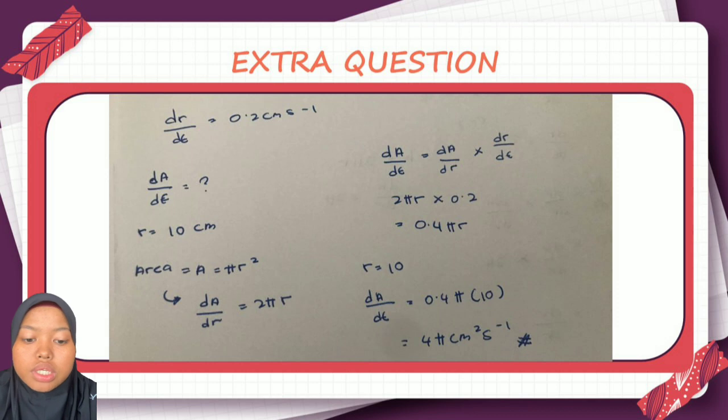Using the chain rule, dA per dt equal to dA per dr multiply with dr per dt equal to 2 pi r multiply 0.2, and the answer will be 0.4 pi r. When r is 10, we substitute into dA per dt equal to 0.4 pi multiply with 10, and the answer will be 4 pi cm square s^-1.